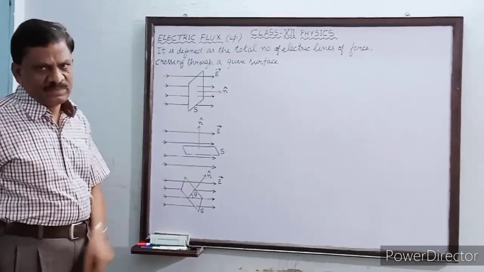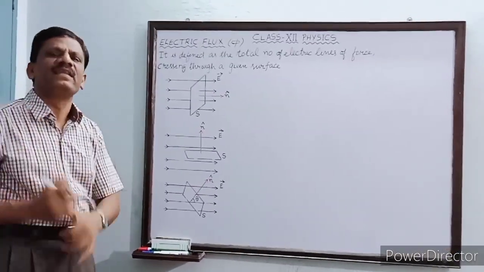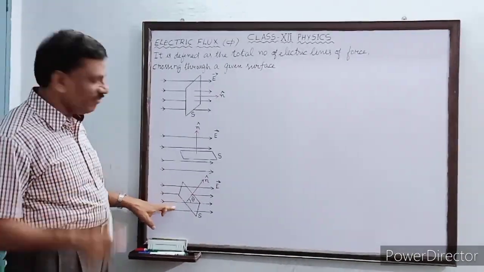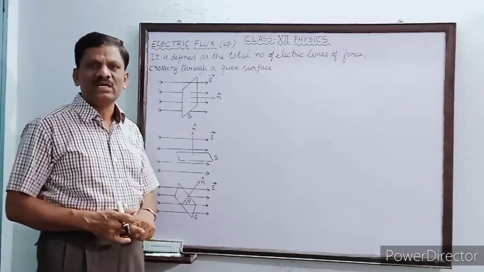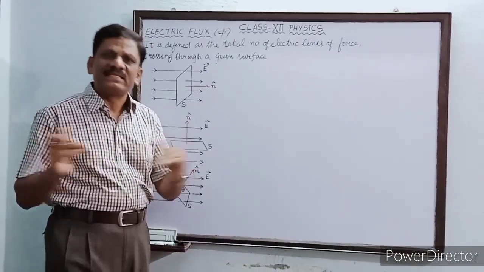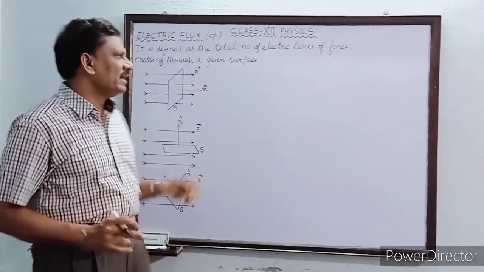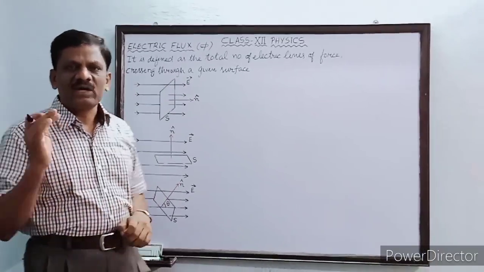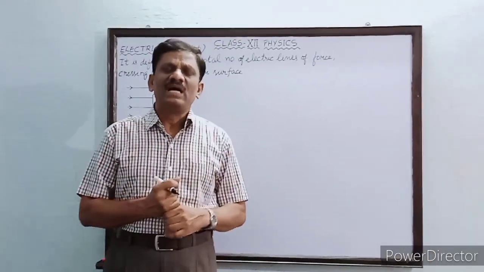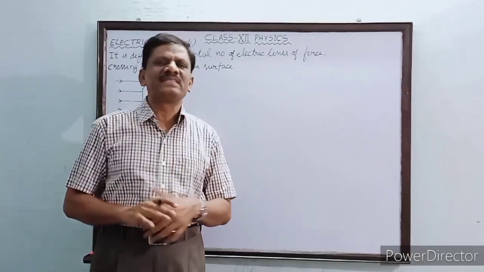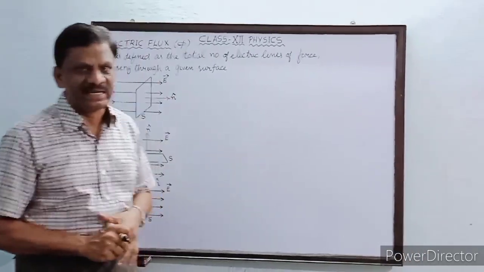Similarly, in the last picture, the sheet is held in an inclined, oblique position. Here also I have shown all four arrows passing through the sheet. But will they all pierce and come out with the same force? Not at all. So in the first picture only, the arrows all pass through the sheet and also come out with the same force, with the greatest force. This is the simplest example I can give to understand electric flux.